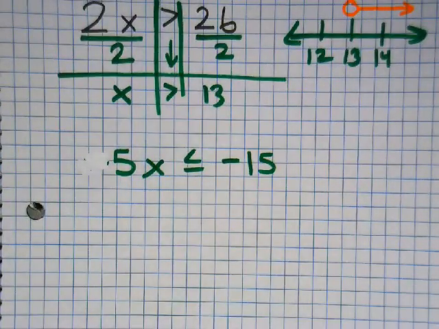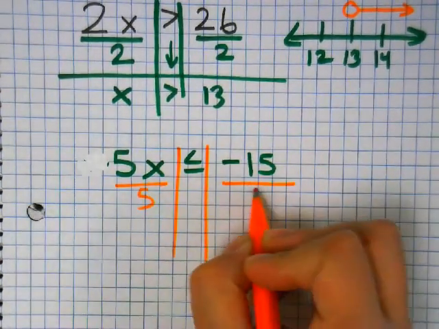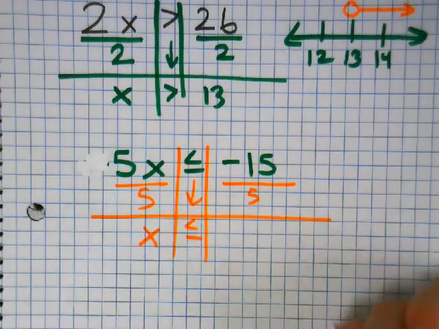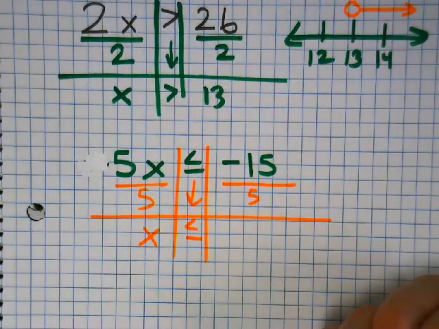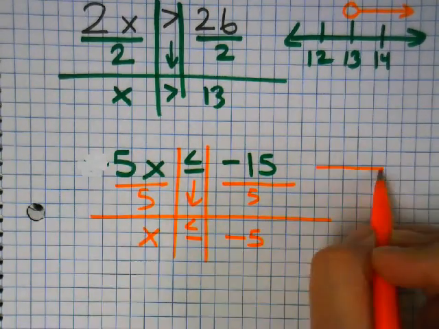All right, so what do I do? Divide by 5, divide by 5. So x is still less than or equal to? -5. So remember the Dorito man?